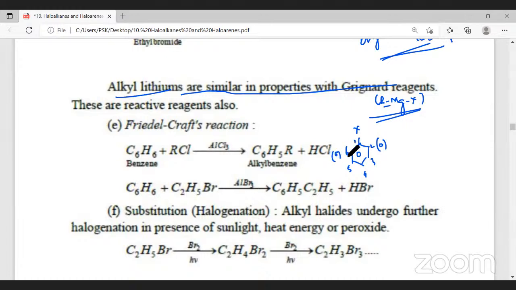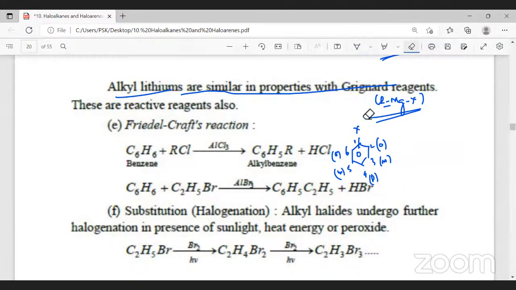Likewise, the sixth carbon atom will also be called ortho. Next to ortho will be meta, that is the third and the fifth position, and the fourth position will be para. So only in substituted benzene do we talk about ortho, para, and meta. In pure benzene, we cannot, because all the hydrogen atoms behave identically.